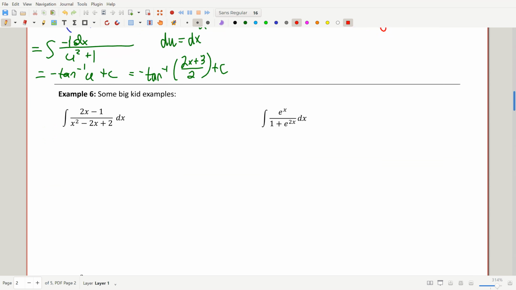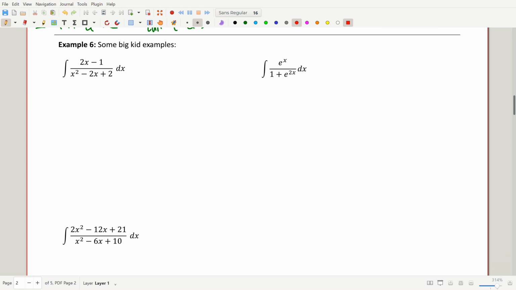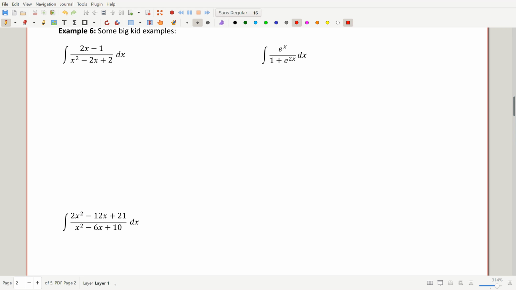All right. Let's do one of these, and then I want to make sure I give you guys some time to work on them. I want to look at this one: e to the x over 1 plus e to the 2x.